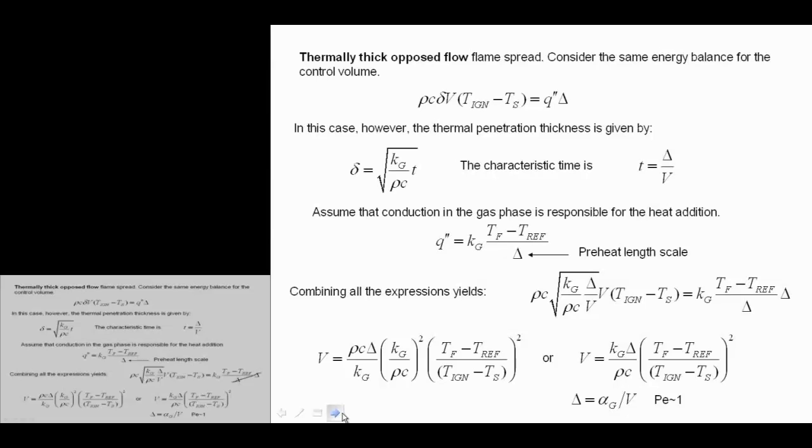So again, the approximation is that even if it's a thick material, it's exactly the same idea. The difference, of course, is that our ignition time is different, and we know that from our previous work. So the dependence on this is different, and it still looks like our ignition time problem. So that's not different.